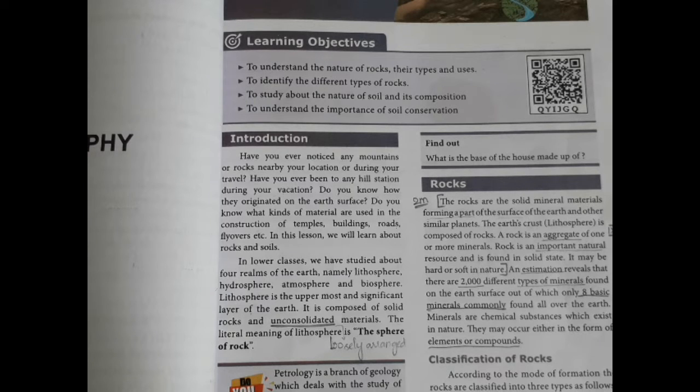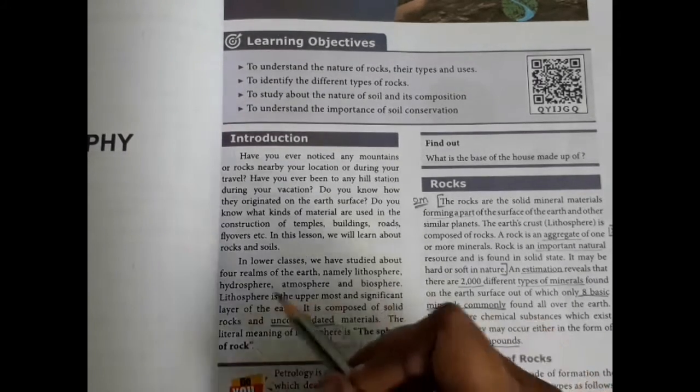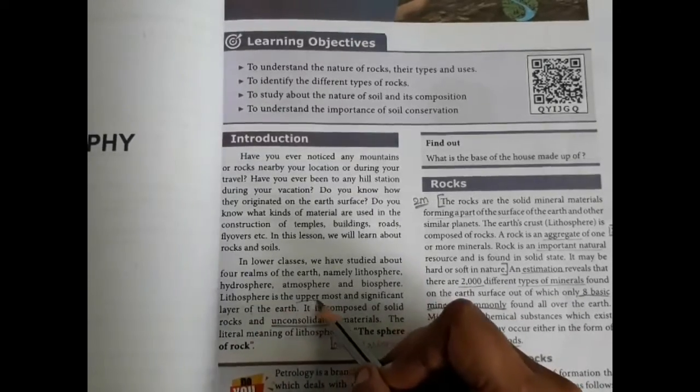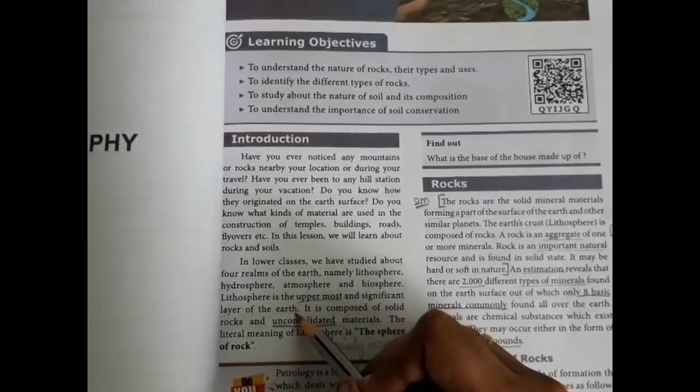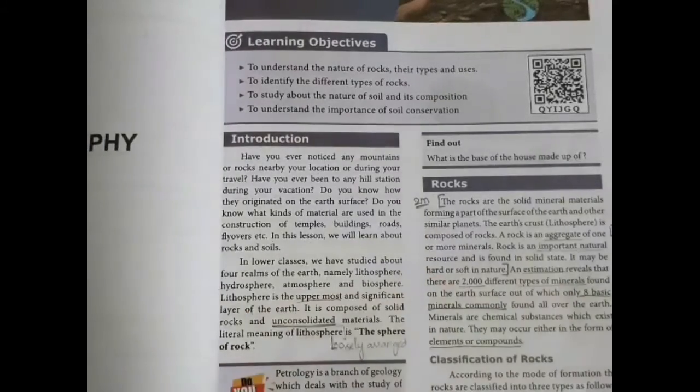Lithosphere is the uppermost and significant layer of the earth. It is composed of solid rocks and unconsolidated materials.